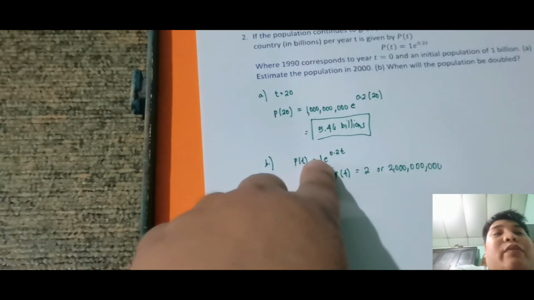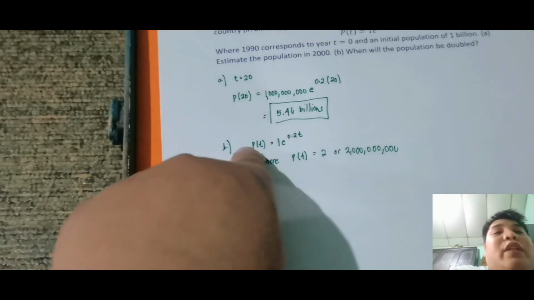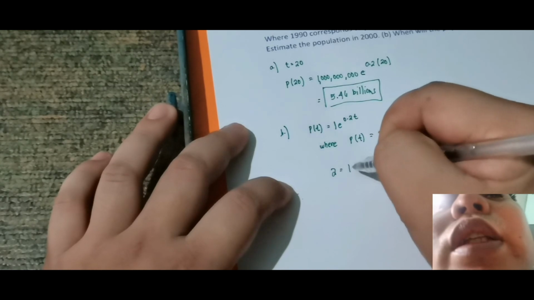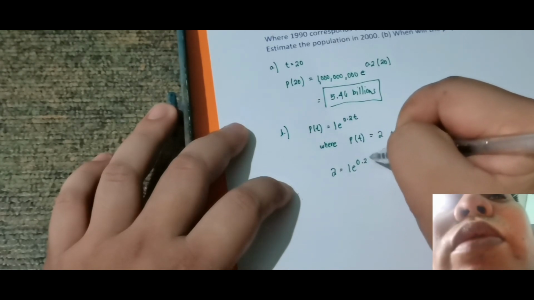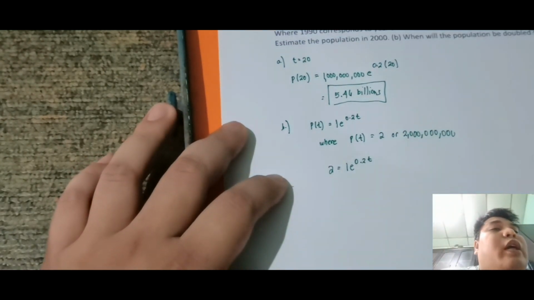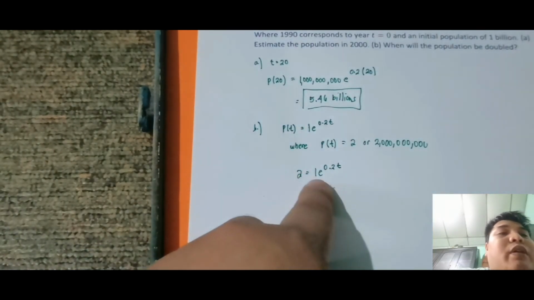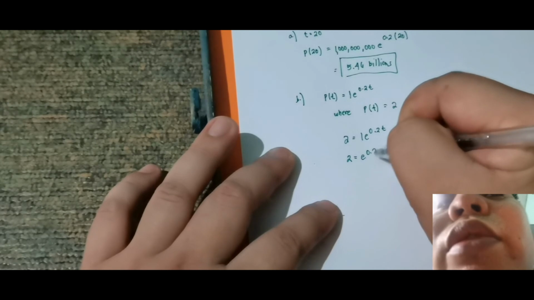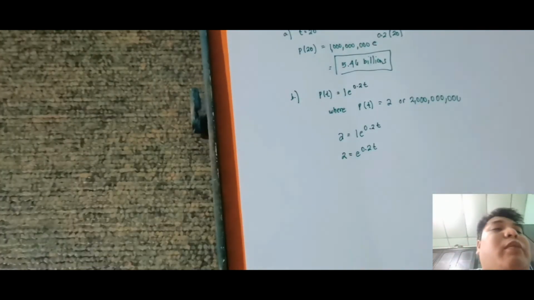So, basta alam natin 1 is 1 billion, 2 is 2 billion. Ngayon, ang tanong is, kung ito daw is 2, so meaning yung P of t na yan gagawin natin 2. So, this is just 2 is equal sa 1 e raised sa 0.2 t. Obviously, yung 1 mawawala na lang yan. This is just 2 is equal sa e raised sa 0.2 t.